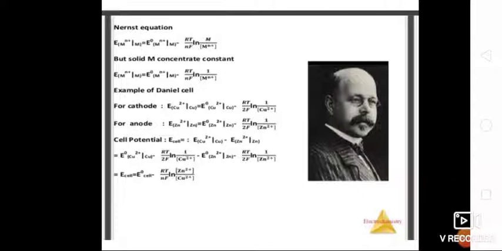Cell potential, meaning the overall cell potential, is equal to the electromotive force of the cathode minus the electromotive force of the anode. This is the general formula for calculating the cell potential.